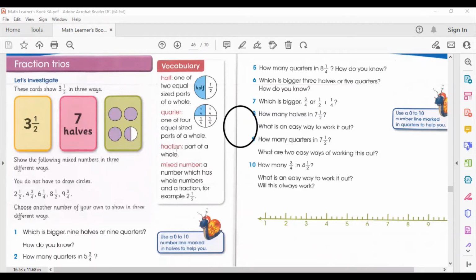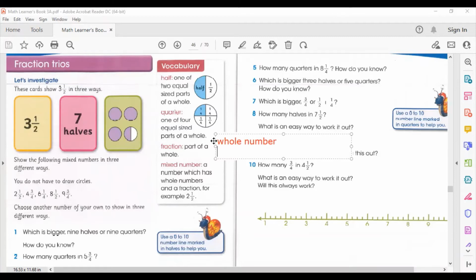What is a fraction? There are 3 types of number. First one, whole number. Whole numbers like 10, 20, 1, 2, 3, 4, 5, 6, 7, 8, 9, 10, 100, 200, 300. These are whole numbers without points. Number 2, fractions. What about fractions?